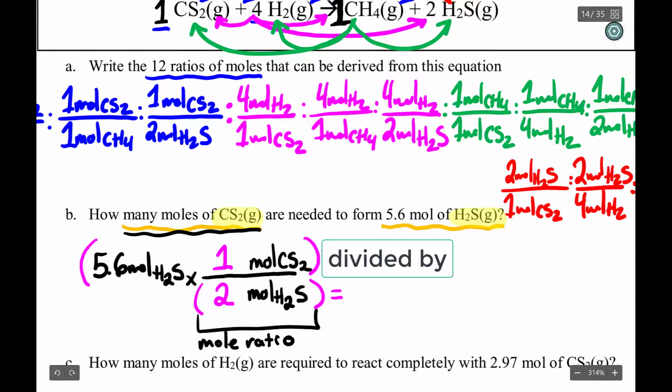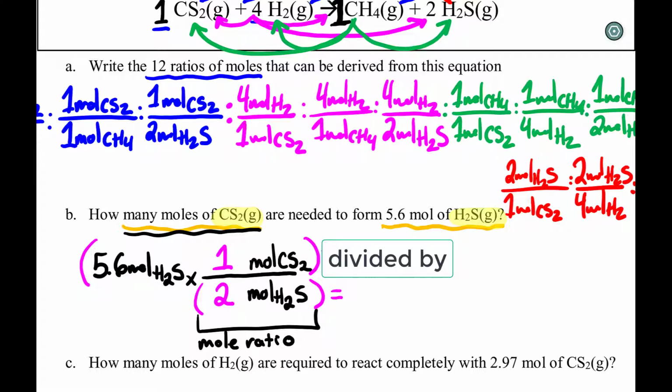Now if you're saying, I get it, this is 5.6 times 1/2. Yes, this is a very easy question. There's only one fraction. By the time we get to the end of Math Stoic, you will have 3 fractions and you will be canceling out several different units, and it gets much more complicated. So what I'm trying to do is to train you to follow a set of procedures that will work no matter how easy or how hard the question gets.